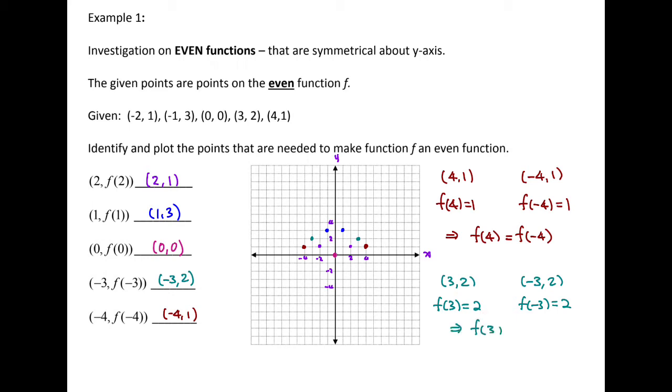That means we can say f of 3 equals f of -3. Therefore, we know a function is even when f of x equals f of -x. That means when the x value is multiplied by -1, the y value stays the same. Therefore, we say an even function occurs if and only if f of x equals f of -x.